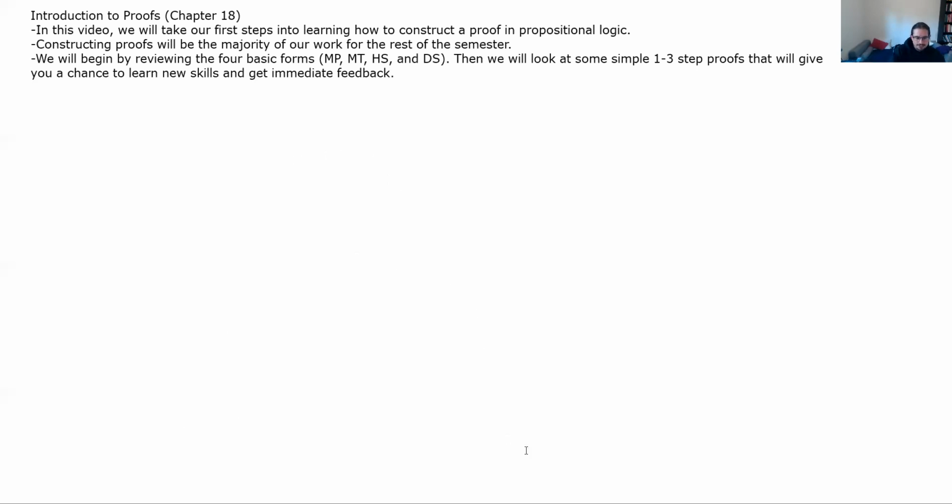My conception of how we're going to do this is that this video is on proofs. We're going to get an introduction to proofs. We're going to get an introduction to the truth functional language, which the book abbreviates as TL. We're going to stay with TL to keep things simple. And then truth tables, which I'll abbreviate as TT.